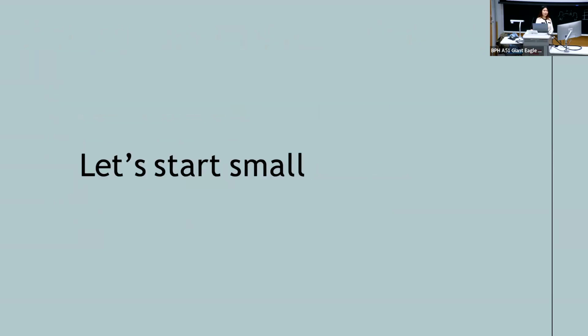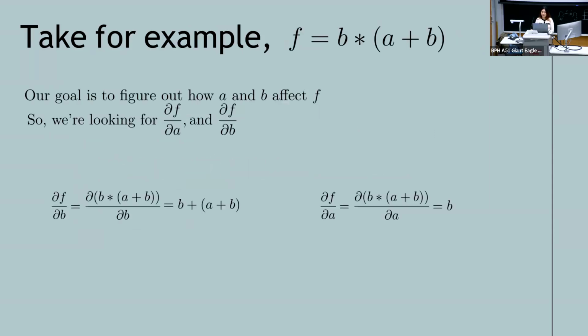Let's take an example to see how automatic differentiation works. For example, here we have f equals b multiplied by (a plus b), and we want to know how a and b affect f. So we will be looking at the gradient of f with regards to a and the gradient of f with regards to b.